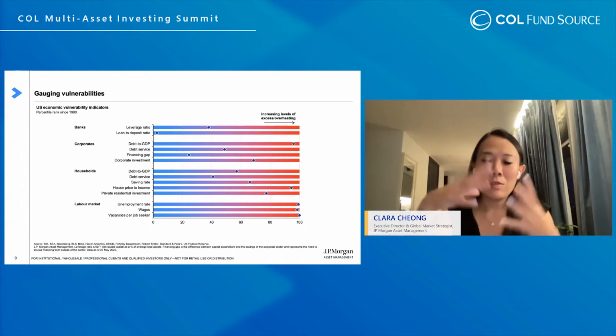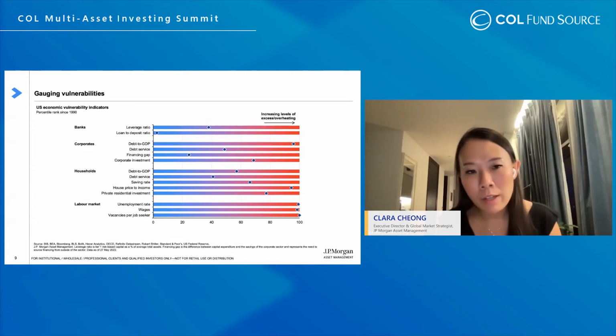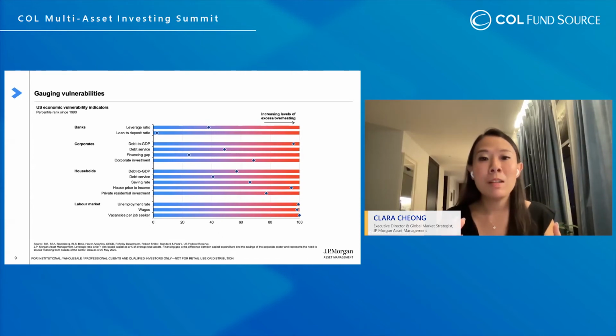So all in all, if you look at this entire chart, I don't think there are a lot of excesses or imbalances to unwind this time. So we do think that even if we unfortunately see a recession this time, it will be a much shallower one, and that would hopefully be enough to really tip the Fed back into a much more accommodative stance than the stance that they are advocating for right now.